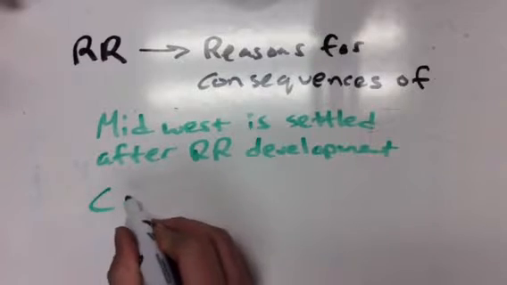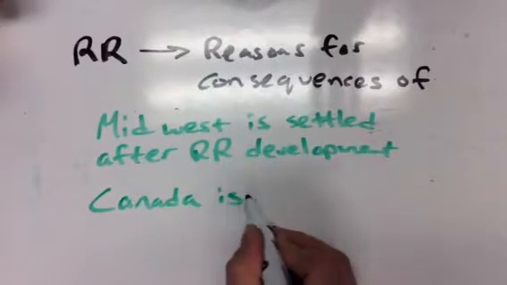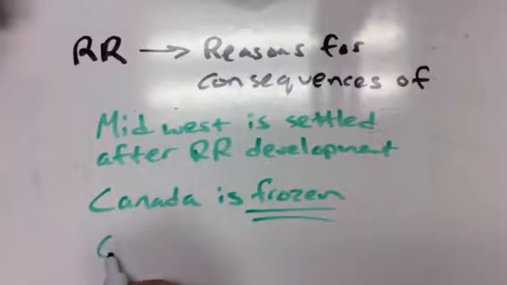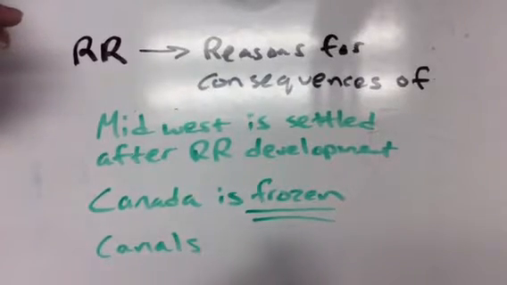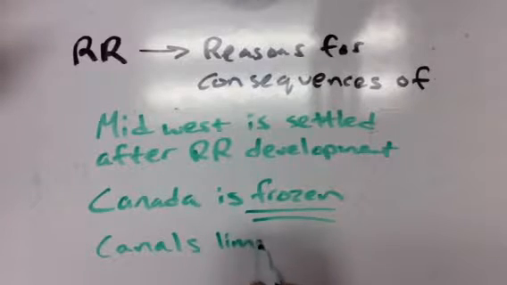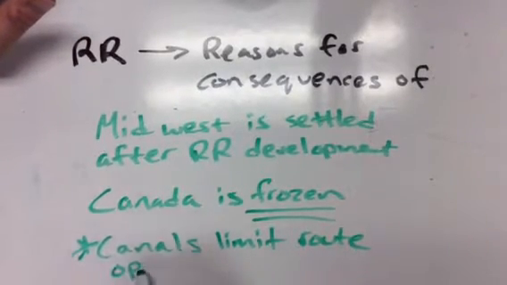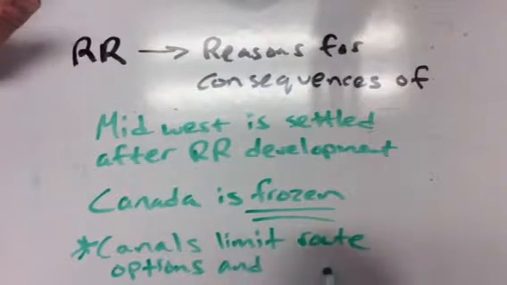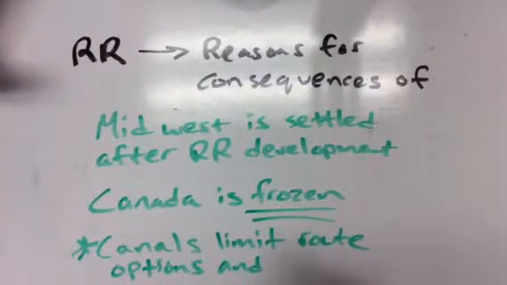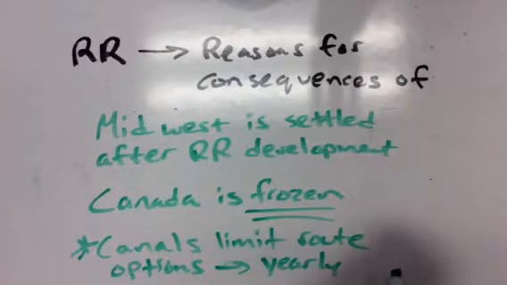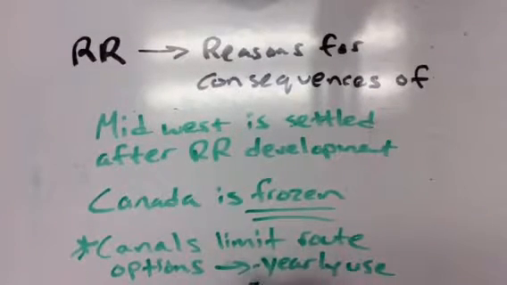So, Canada is frozen, right? Railroads can travel across frozen ground. So canals limit your route options in terms of yearly use and location, right?